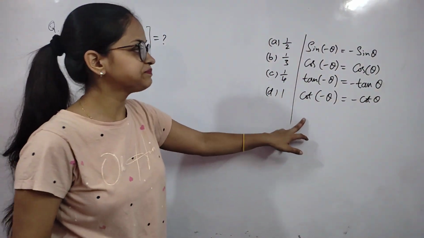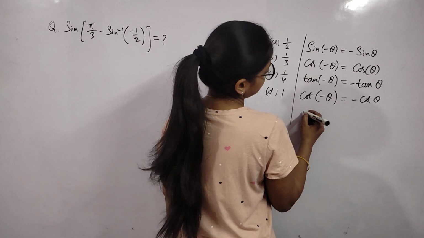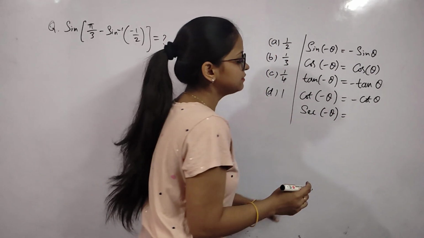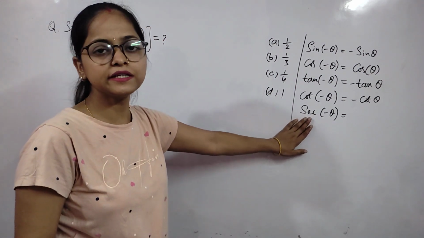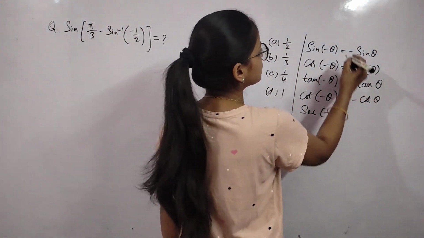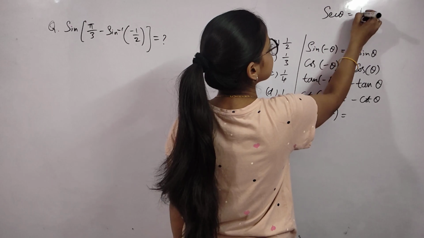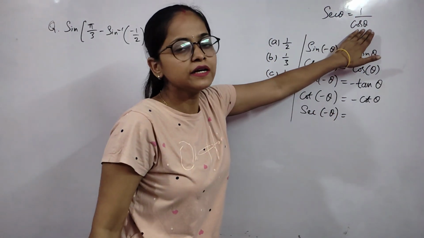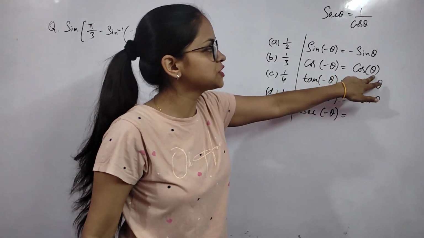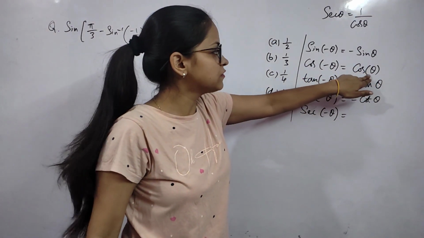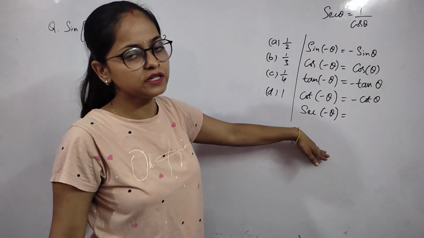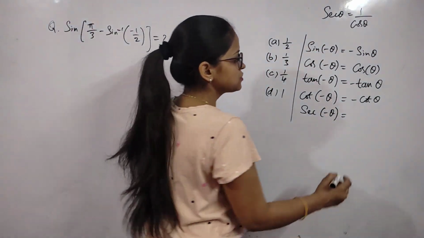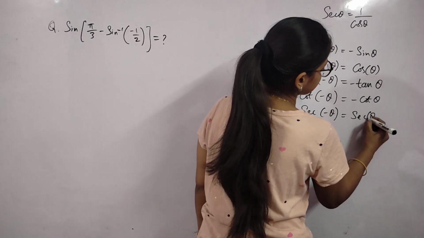Understood? And here, secant of minus theta. Secant theta is nothing but 1 by cos theta. Since cos follows the rule that the negative angle becomes positive inside the cos function, secant will follow the same rule, so it becomes secant of theta.